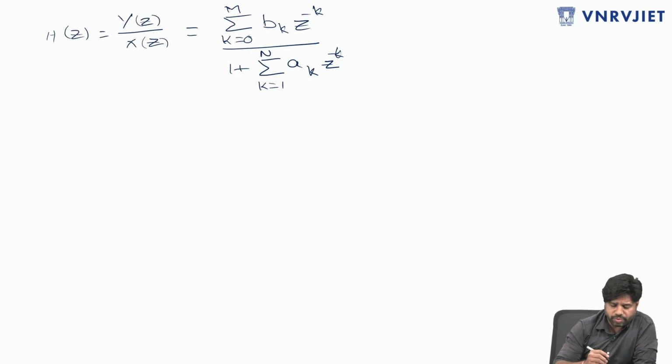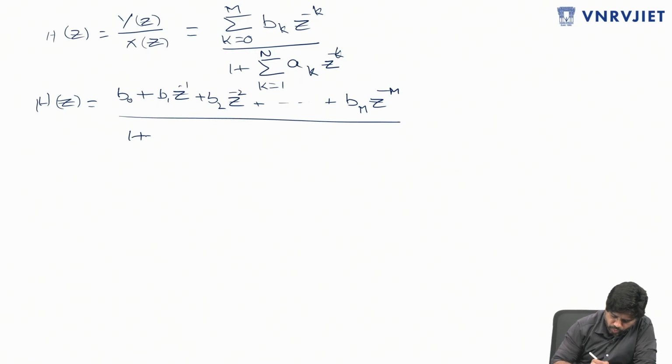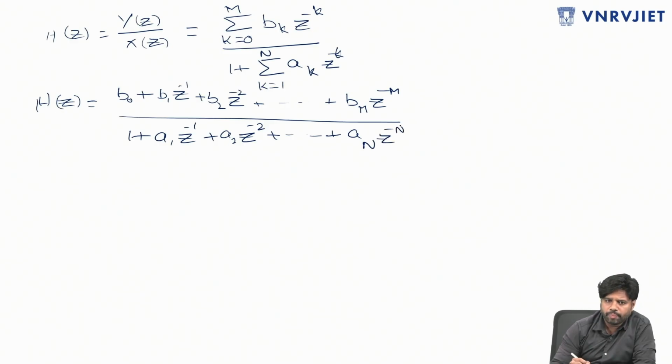So first we will expand this function. H of z is equal to, by expansion, b0 plus b1 z power minus 1 plus b2 z power minus 2 plus and so on plus bm z power minus m, divided by 1 plus a1 z power minus 1 plus a2 z power minus 2 plus and so on plus an z power minus n.